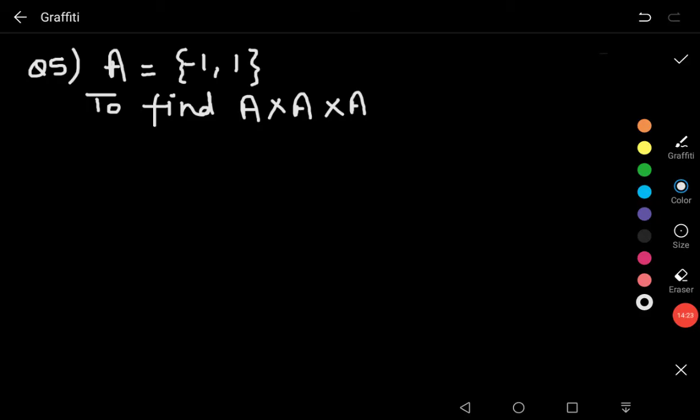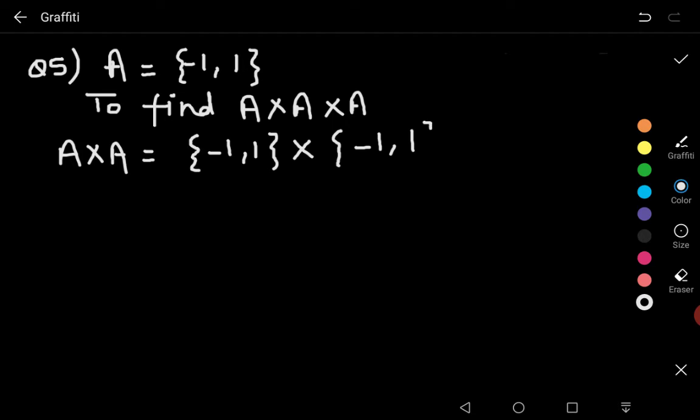So if you need to find A cross A cross A, first what do you have to find for this? A cross A, right? That means you need to find -1 comma 1 cross -1 comma 1. So you will get 4 elements here. -1 comma -1, this will be the first element.